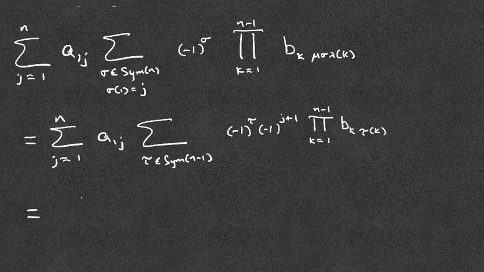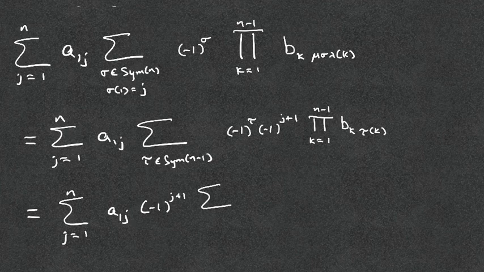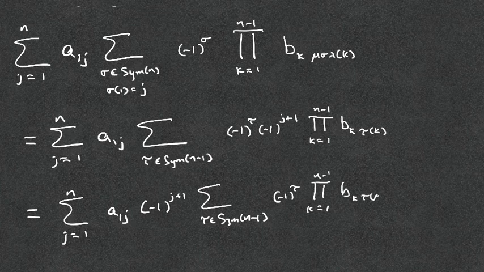Then if we take out the minus 1 to the j plus 1, so we've got an a sub 1j, then this expression, our sum over tau in the symmetric group on n minus 1 values, minus 1 to the tau, of our product, k goes from 1 up to n minus 1, of b sub k, tau sub k, is a determinant on its own.